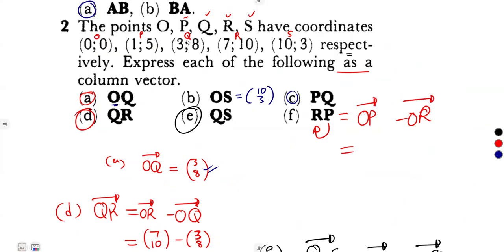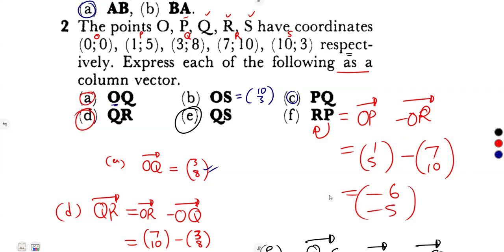From O to P, the point P, 1, 5 from the origin, minus OR, which is 7, 10. 1 minus 7, that is a negative 6. 5 minus 10, that is a negative 5. So guys, do revise your directed numbers as much as you can.